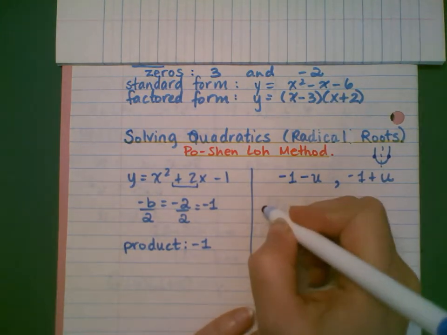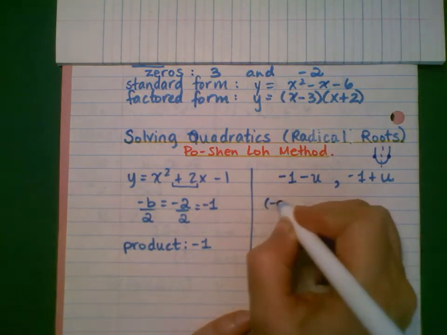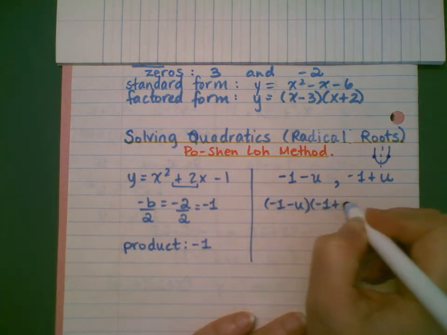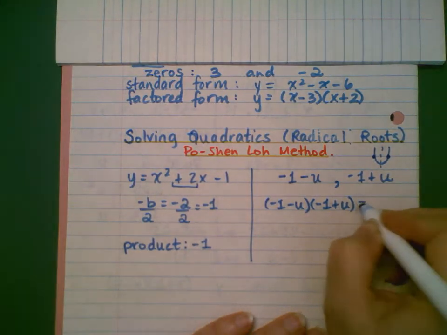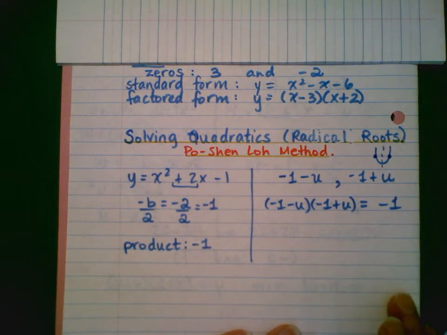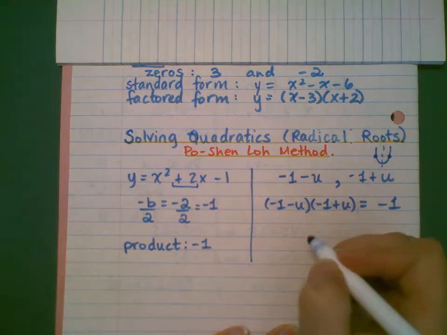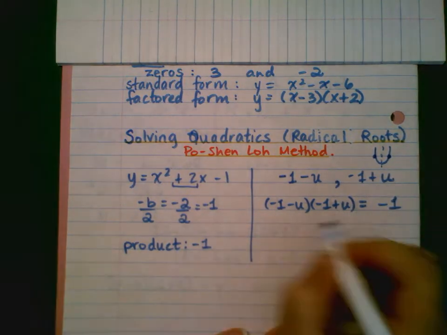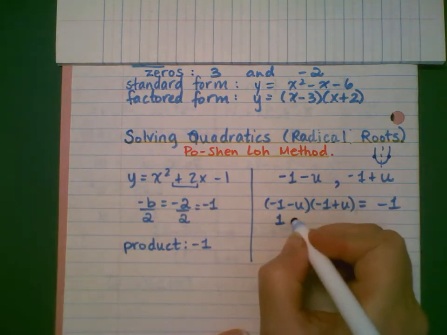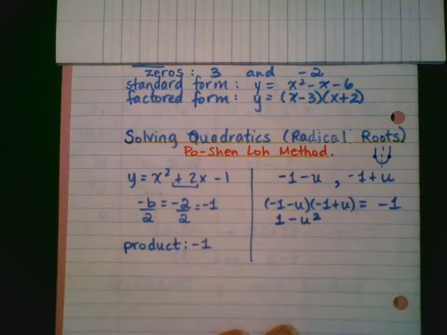Okay, so now we're going to do the product of each of those zeros, like that. This is a difference of squares, binomials. It's going to generate 1 minus u squared on the left.